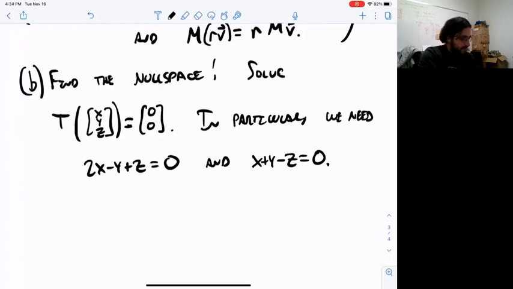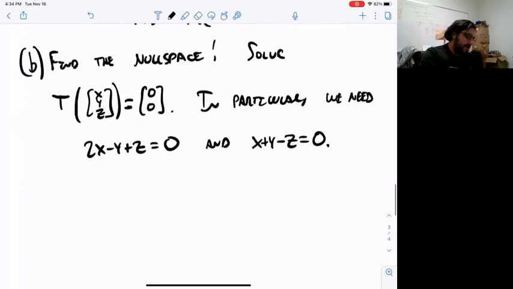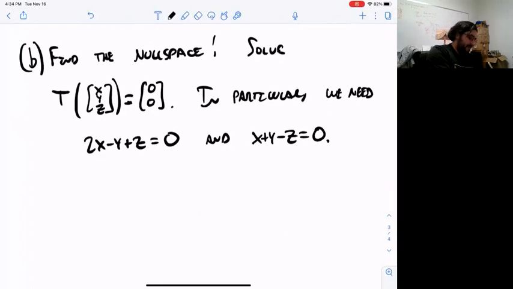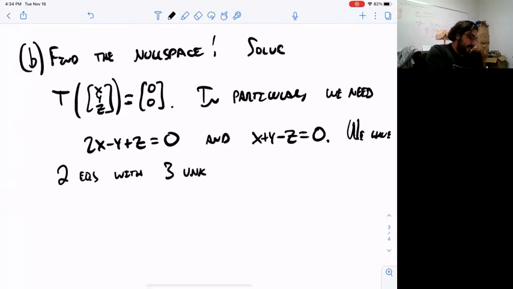And here, we can do some algebra to play around with this, right? But look at what happened here. We have two equations with 3 unknowns, so we have an extra degree of freedom here.